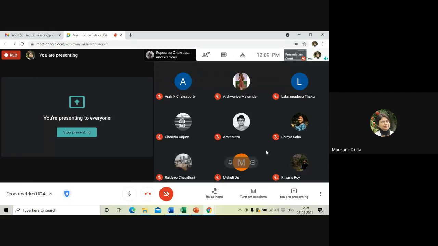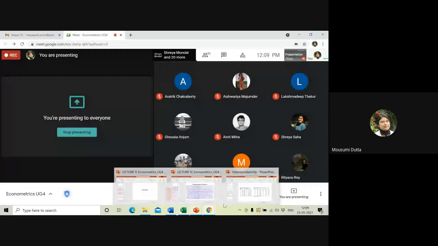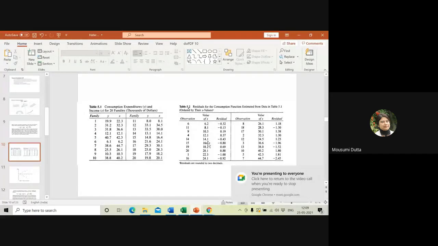Because as we move on, all the issues we cover in the practical session so that we can combine the matter and understand the thing very well. So you know how to calculate the residual.